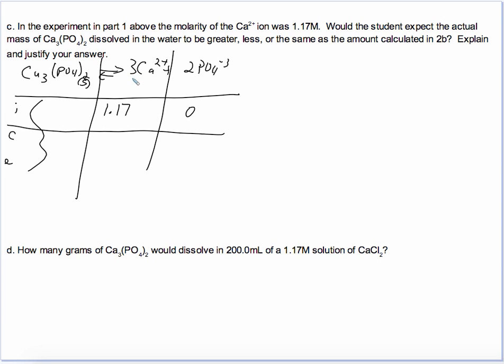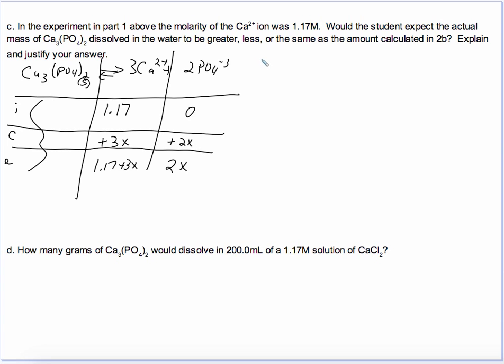Phosphate is not a common ion, but the calcium is a common ion. Calcium is going to go up by 3x, and phosphate by 2x. So we're going to have 1.17 plus 3x, and 2x.